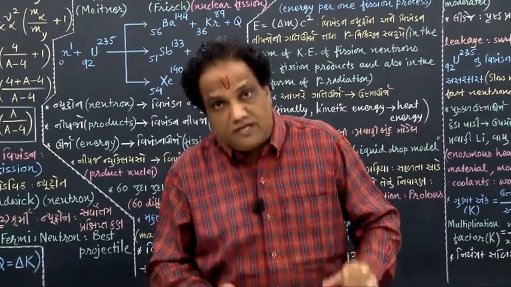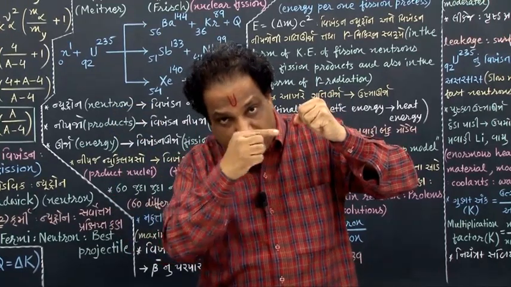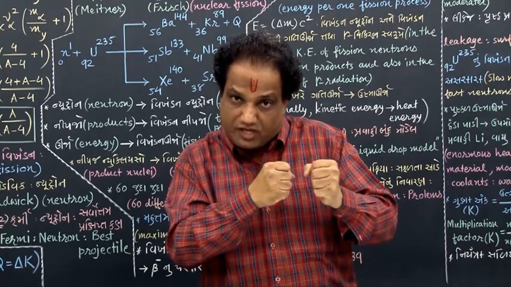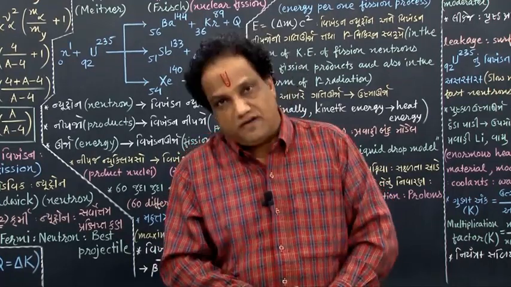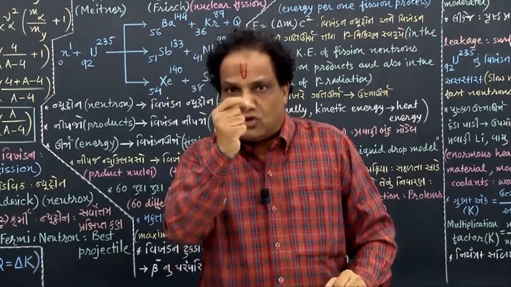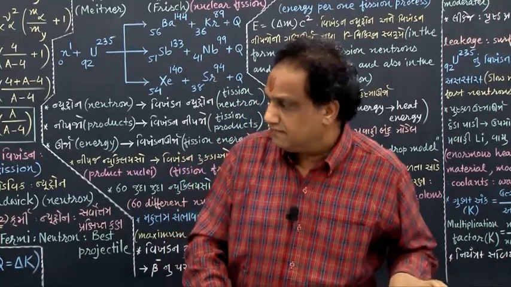That is why the neutron can go deeper inside the nucleus and penetrate it nicely, and thereby it can interact very strongly. Because it can interact very strongly, the neutron is said to be the best projectile.